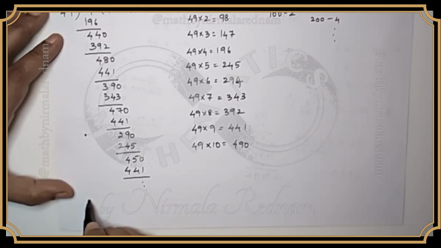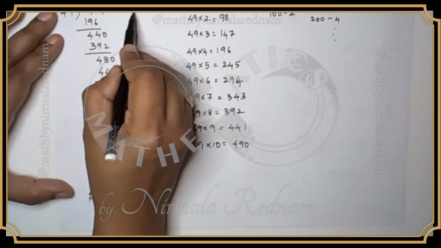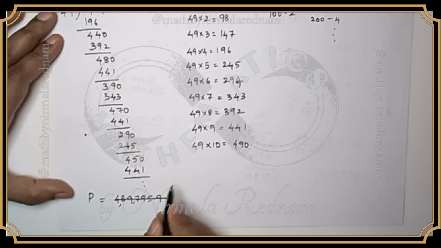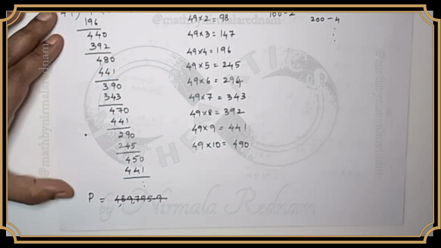This is going to repeat. So the answer, the principal or the original population, is going to be, I have 5 zeros, right? So 4899795.9, this is what it's going to look like. Sorry, it is 1 2 3 4 5. Yeah, it's correct.